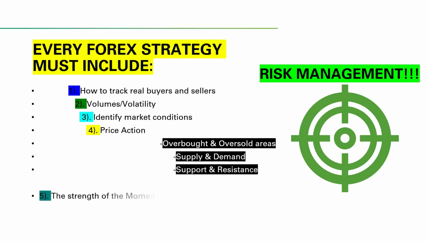Understanding the overbought and oversold areas, supply and demand, support and resistance, and also being able to factor in the strength of the momentum. And then, of course, the big one is risk management. Risk management is everything in Forex. It doesn't matter how great of a trader you are. If you have bad risk management, things is just not going to work out for you.